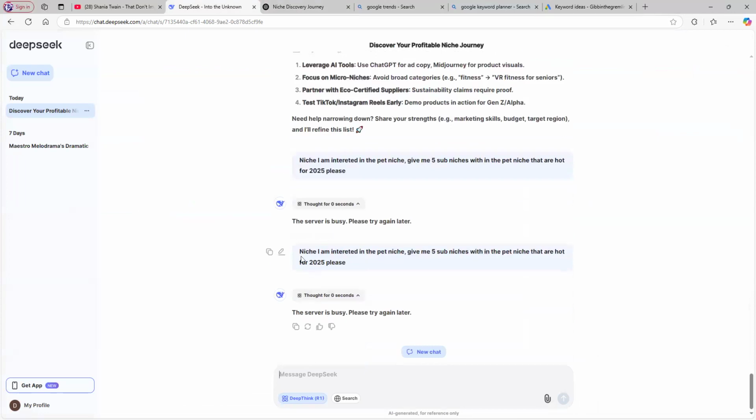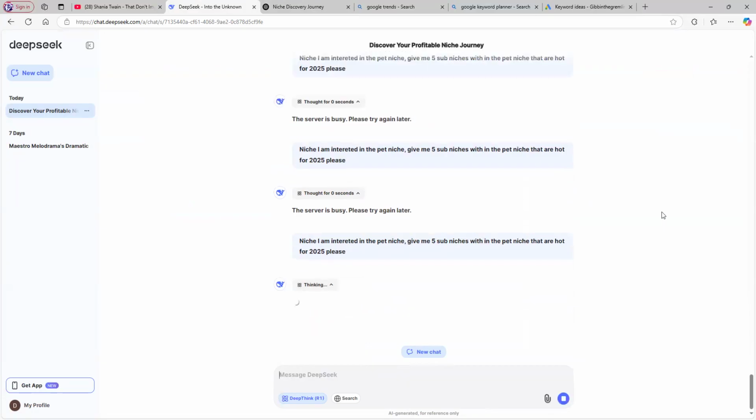And again, let's see just one last time on DeepSeek and see if the servers are no longer busy. And if it is busy, well, I'm just going to call the video done. But this is, again, Niche Navigator, designed to help you do your research within niches.